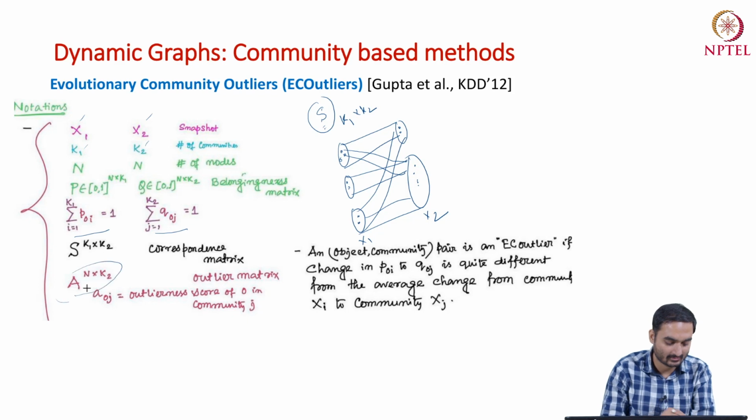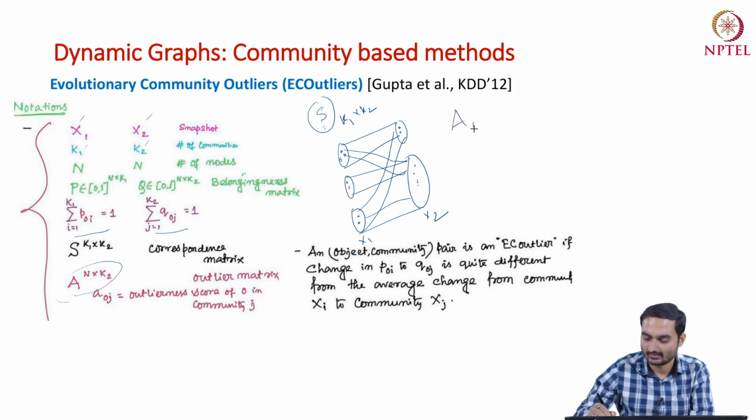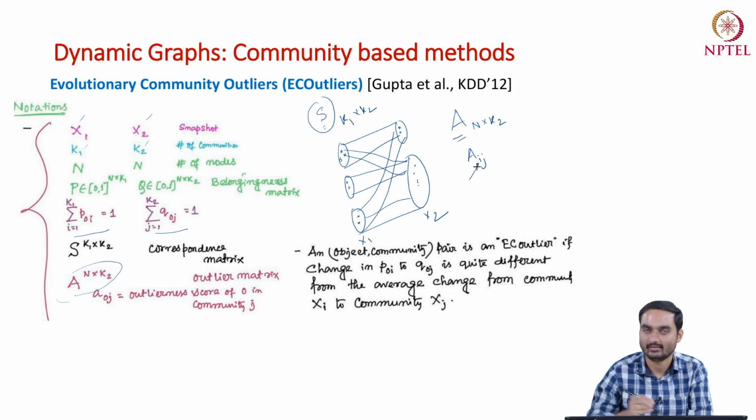Similarly, we have another matrix A, which is an n cross K2 matrix. This is called the outlier matrix, with outlierness scores, where Aij indicates the propensity or the extent of outlierness of node i to community j. And what is the objective?